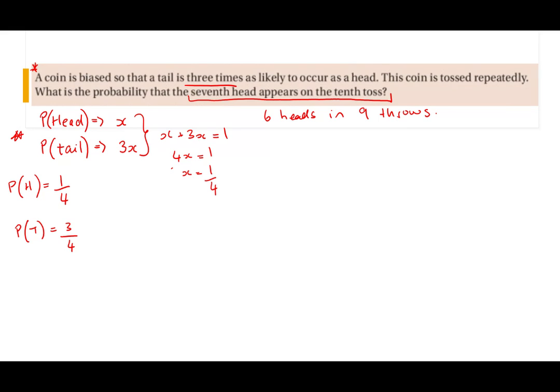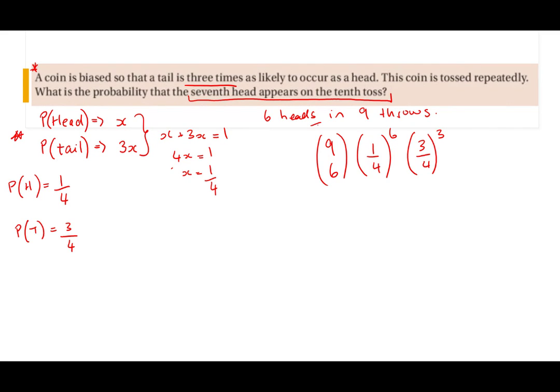So 6 heads in 9 throws means you've got 9 choose 6. Your 1/4 for your head has to have occurred 6 times. There has to be 6 successes, and if there's 6 successes, there's only 3 failures.